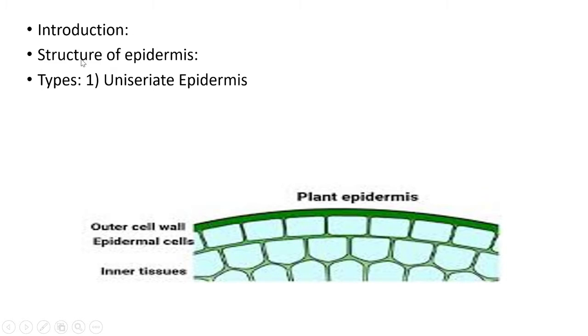Now the second point is the structure of epidermis. The outermost layer of the apical meristem, named variously as protoderm, dermatogen or tunica, gives rise to the epidermis.